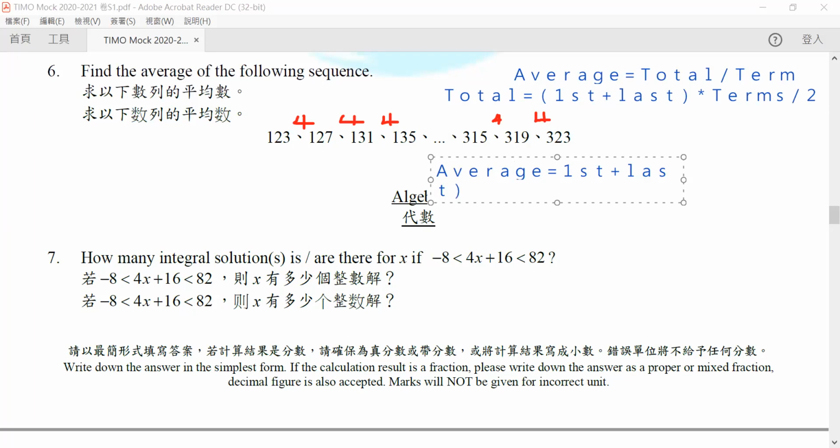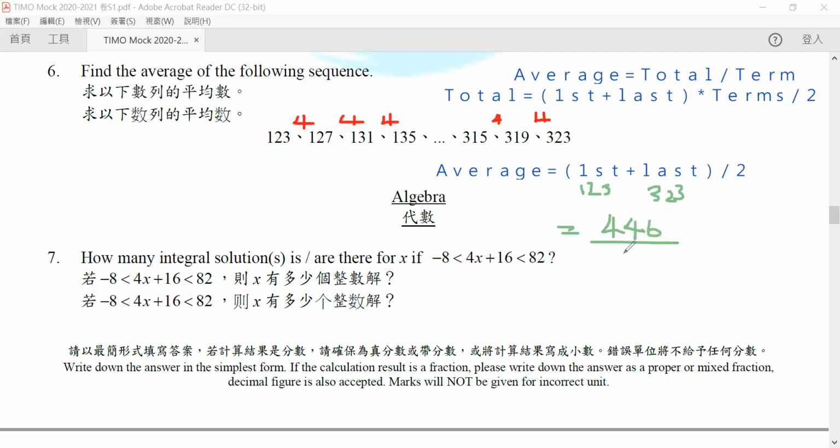Notice that now, since the number of terms has been canceled out, we do not need to calculate it. We just need to substitute the first number, which is 123, and the last number, which is 323. So the average is equal to 123 plus 323, which equals 446. And then when we divide by 2, the average is equal to 223.